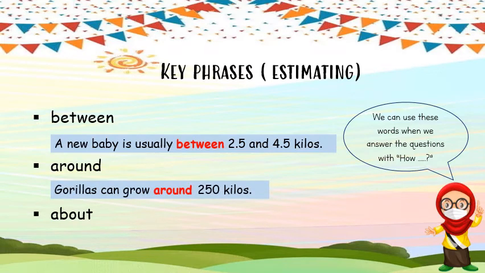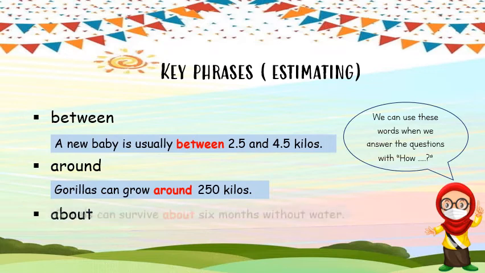Gorillas can grow around 250 kilos. So gorila boleh membesar sehingga 250 kilo. Sehingga maksudnya ada yang bawah 250 kilo. Mungkin juga ada yang atas tapi bukanlah mesti jumlah tu.